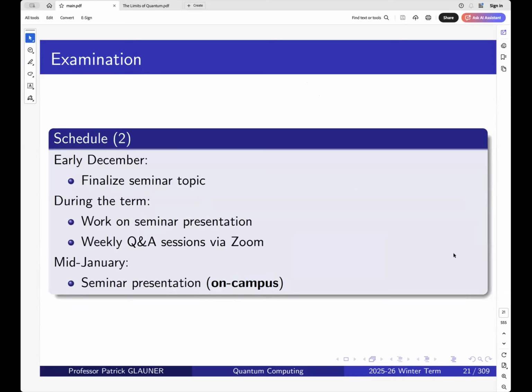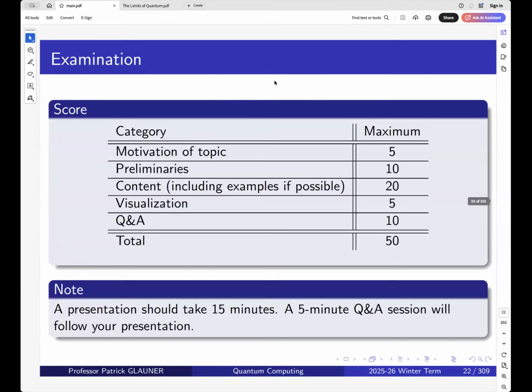You're supposed to be here during term time, and we do these presentations after the term has resumed after the new year, and you're supposed to be back in January anyway from your home country, because courses will wrap up and we'll have the written examinations as of end of January. So you're supposed to be back mid of January, and there won't be any exceptions.